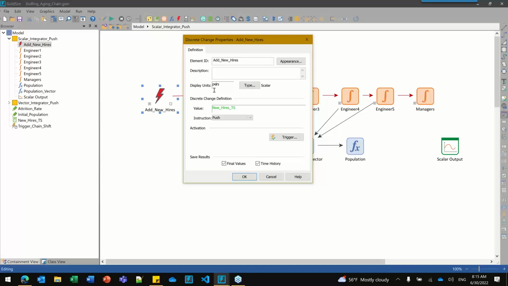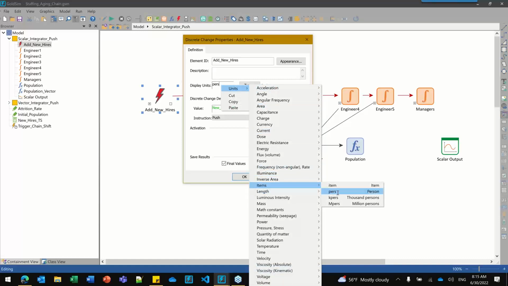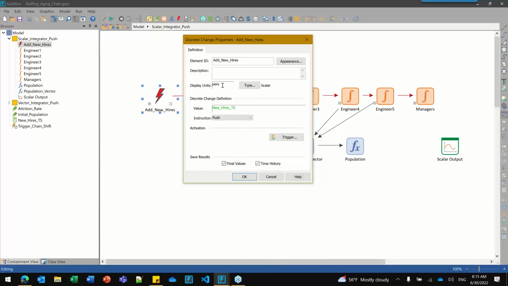But anyway, if you said capital PERS, GoldSim interprets it the same as small PERS. Anyway, if you go to units and then go to items, you'll see this is a built-in unit that we have, PERS, for one person. We also have K and M for 1,000 and million persons. Very useful for doing population type models.